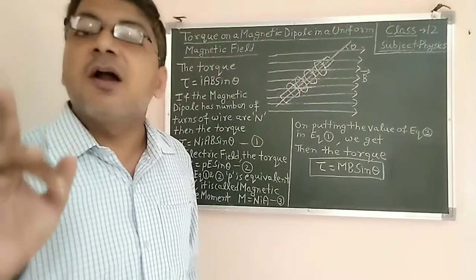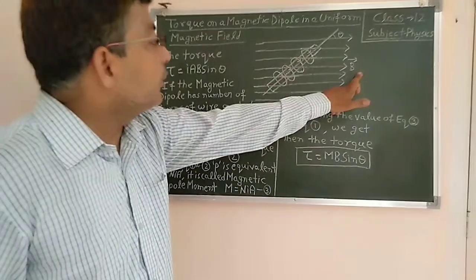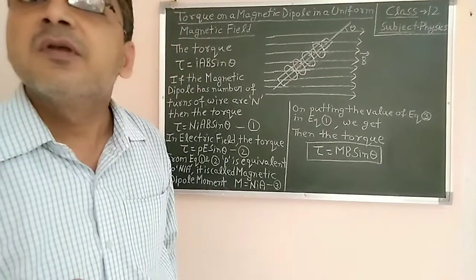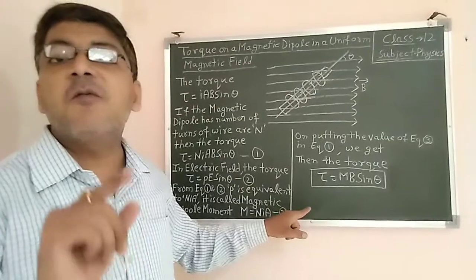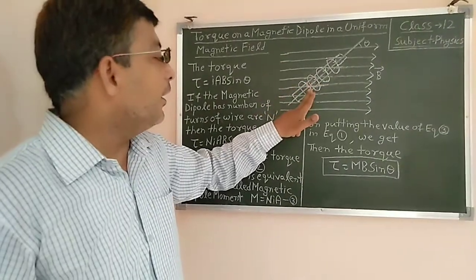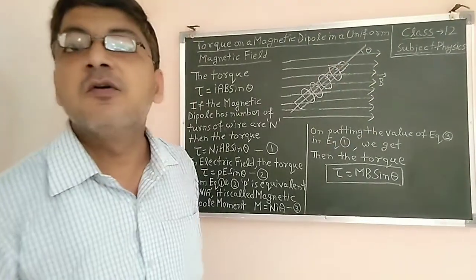Then I start the derivation. This is the magnet, this arrow represents the magnetic field, and the bar magnet is moving in the clockwise direction in the magnetic field, at an angle of theta.